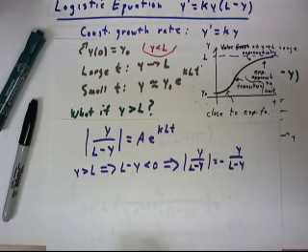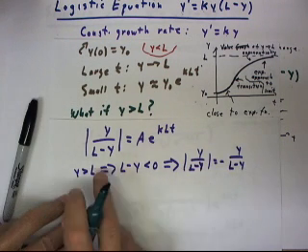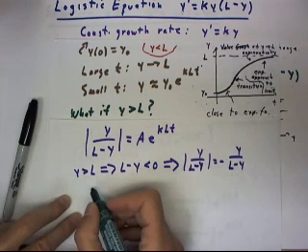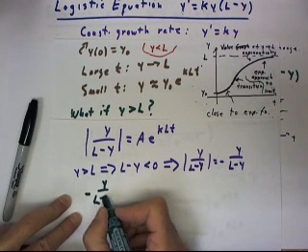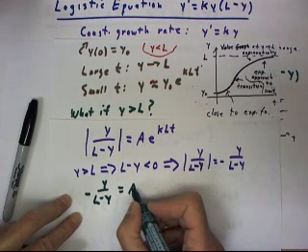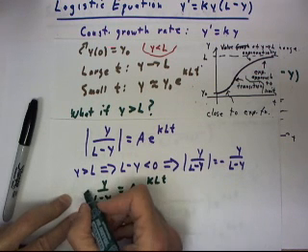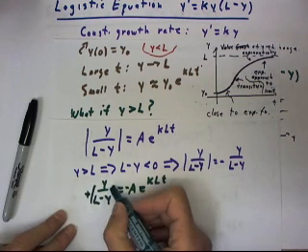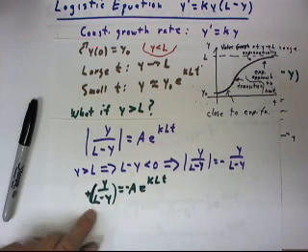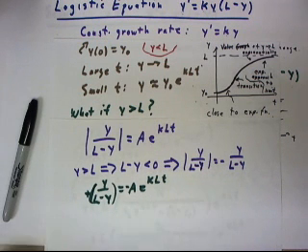In this case, the next step in the solution would be negative y over L minus y equals A e to the KLT. Changing the sign, the negative can appear over here, so that y over L minus y, where these are parentheses now and not absolute value signs, is equal to this.